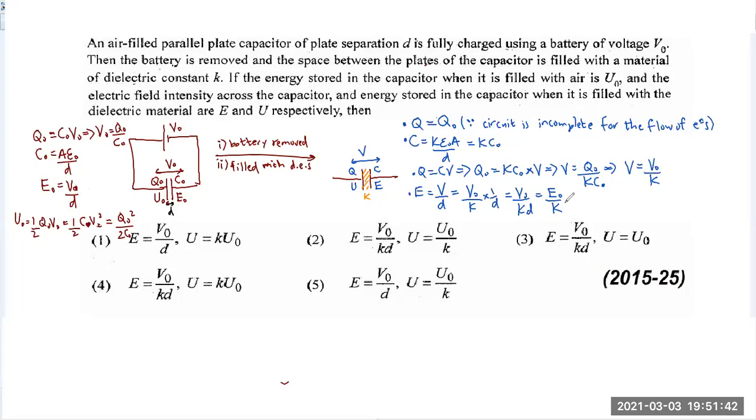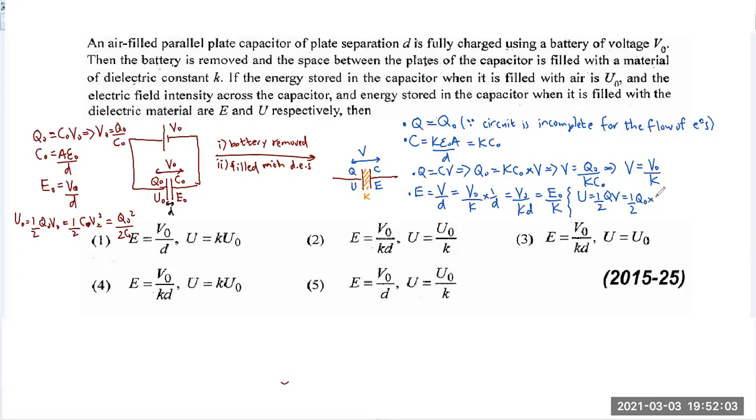And now the fifth quantity is the energy stored. I'll use this equation, that way it will be convenient for me. So what is the new U, energy stored? That is going to be half QV, half into new charge into new voltage, right? What is the new charge? It is still Q naught. And what is the new voltage, guys?